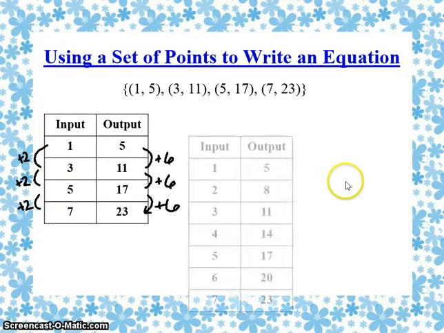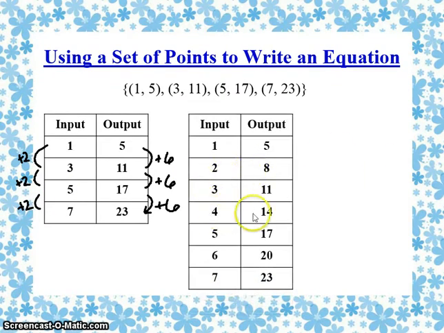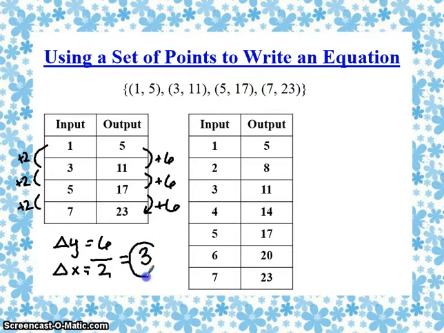In other words, there's missing input and outputs. You can see that here in this one, the change in y was 6 when the change in x was 2, so the constant rate of change was 3, or it changed 3 every time the input increased by 1.